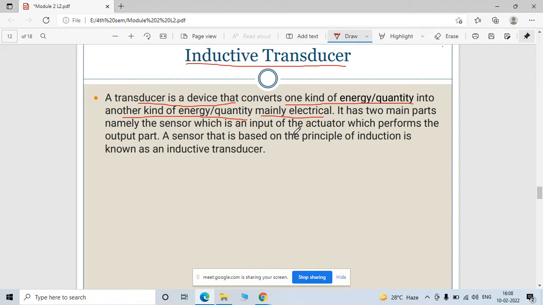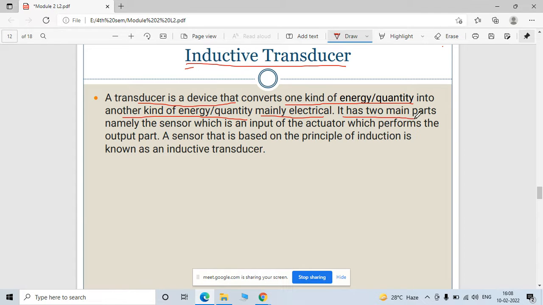At that time, we need to provide an external supply. That type of transducer comes under the category of passive transducer. Both categories we are going to see in inductive types of transducer.